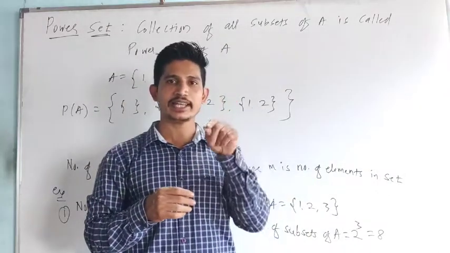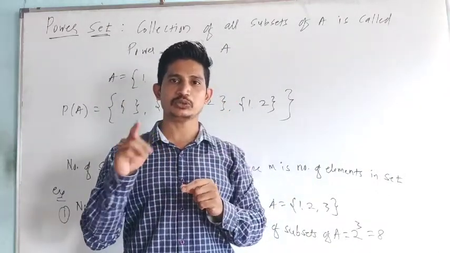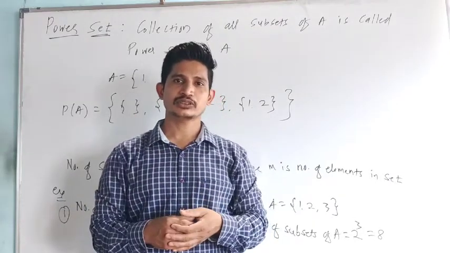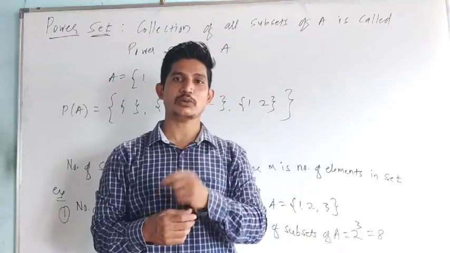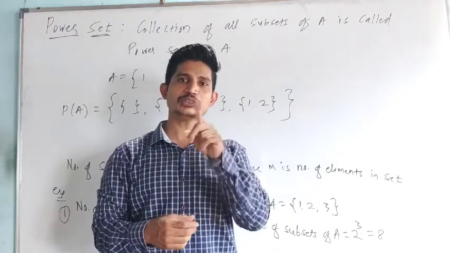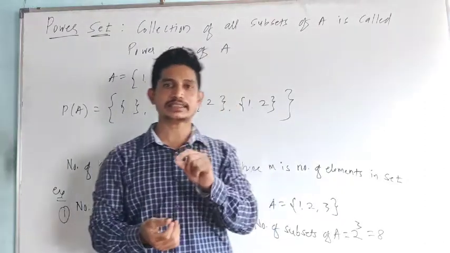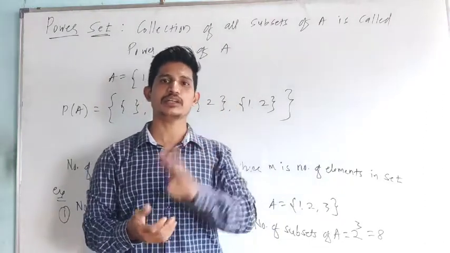Suppose in the set A there are 4 elements, 1, 2, 3, 4. Then how many subsets can we write? 2 raised to 4, since there are 4 elements. 2 raised to 4 is what here? 16. So we can write 16 subsets if there are 4 elements.